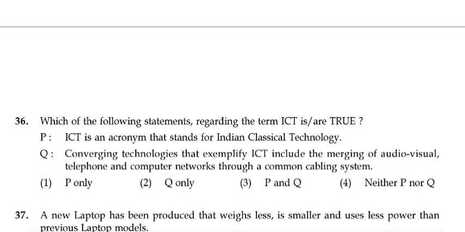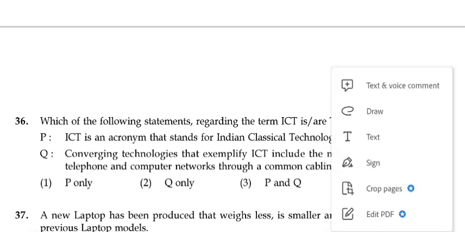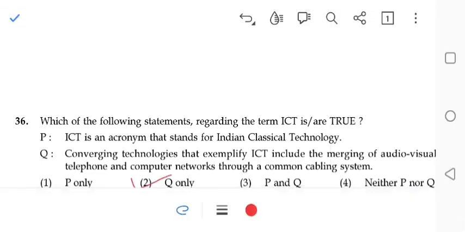Q. Converging technologies that exemplify ICT include the merging of audiovisual, telephone and computer networks through a common cabling system. Options: P only, Q only, P and Q, neither P nor Q. 36. Correct answer will be number 2. That means only Q is our correct answer.